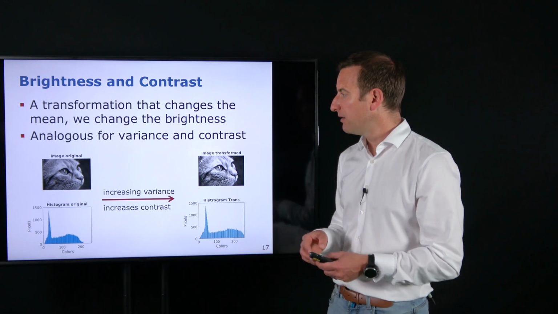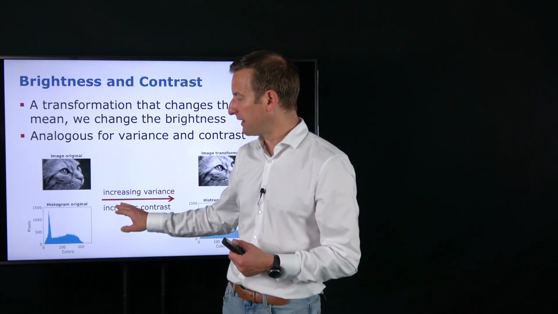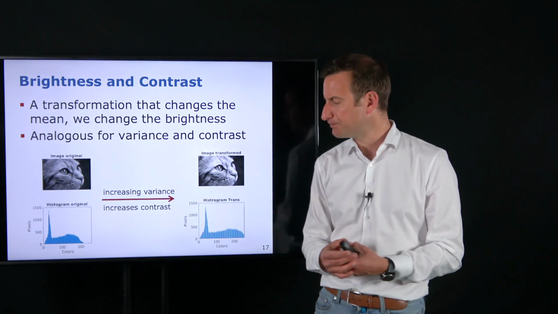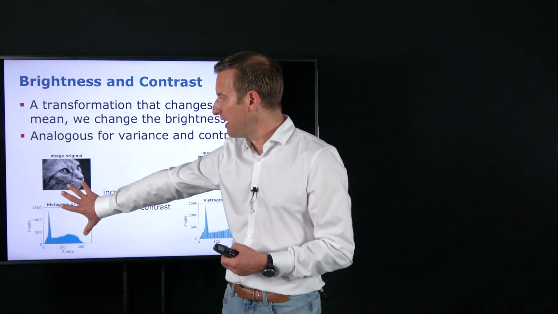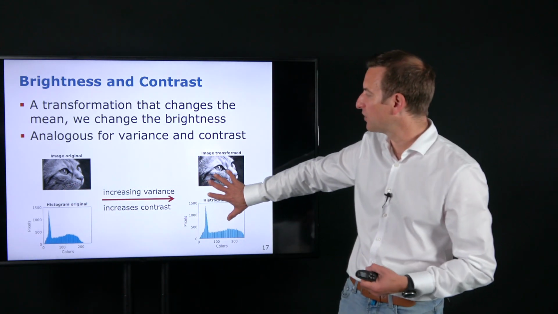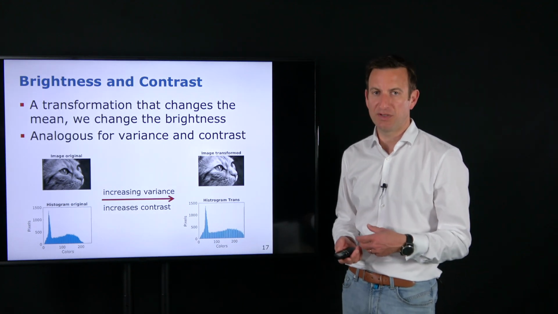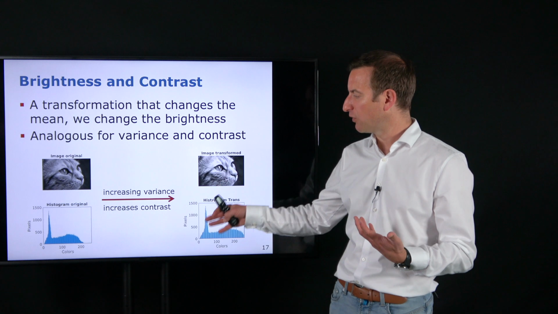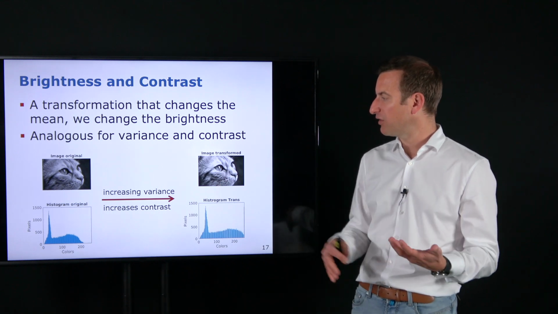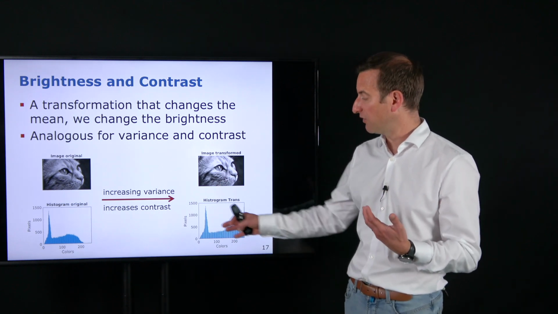So we can use a function, let's call it f, or a transformation function, where I put in the input, the original image, and it gives me a transformed image so that the histogram has certain properties. For example, increasing the variance increases the contrast, as we can see over here.